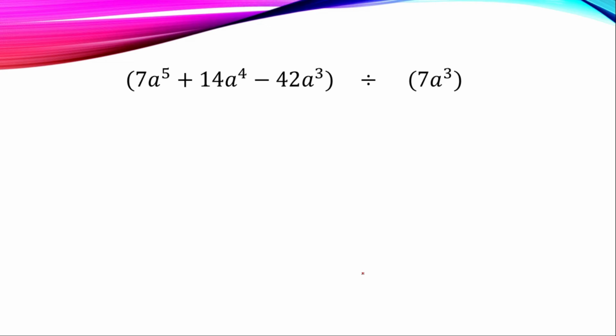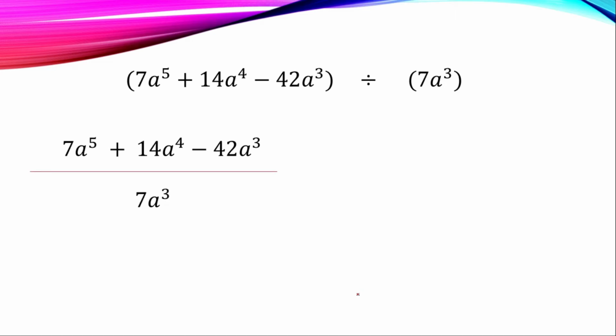The quantity 7a raised to 5 plus 14a raised to 4 minus 42a cubed divided by the quantity 7a cubed. Let's copy the dividend and rewrite that in terms of a fraction or a ratio. So that's written this way.